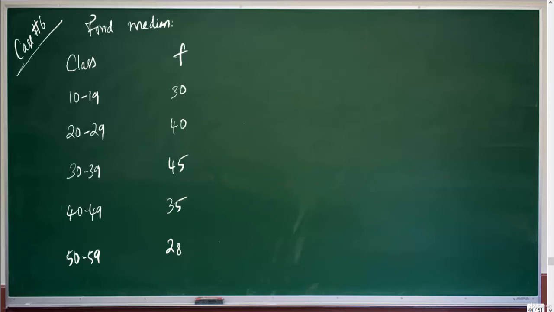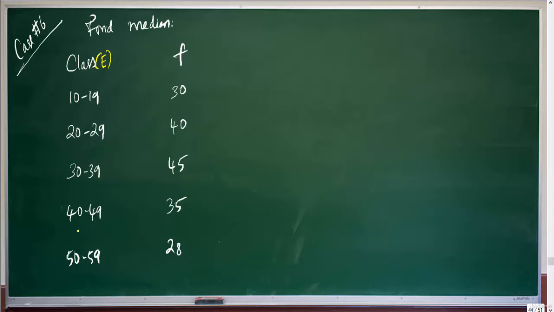Let's take this case to understand how to convert the exclusive type class interval to inclusive and then find median. So here you have the class intervals, and if you notice, this is an exclusive type class interval because the values are being excluded. 10 to 19, then you have a gap, then you have 20 to 29, you have a gap, 30 to 39, and it goes.